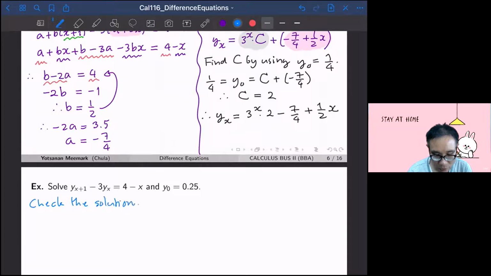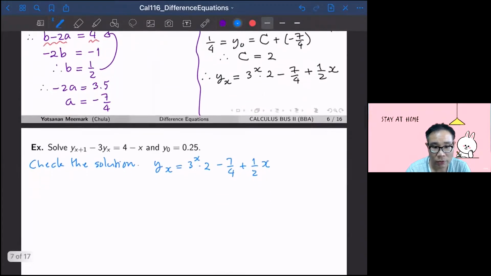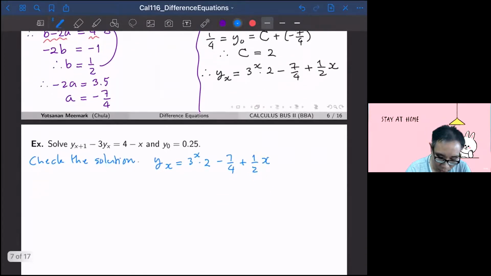Okay, so if you want to check the solution, you're going to have y(x) equal to 3 to the x times 2 minus 7 over 4 plus 1 over 2 x. So you're going to have y(x plus 1) minus 3 y(x).